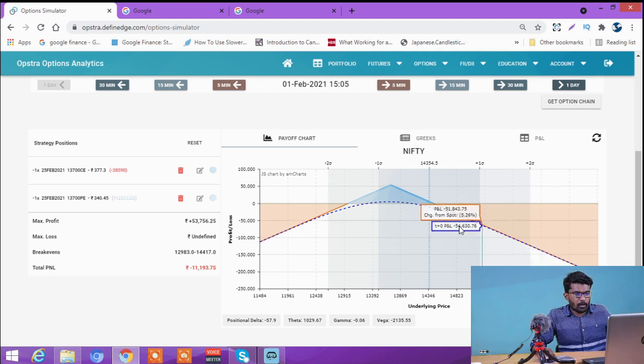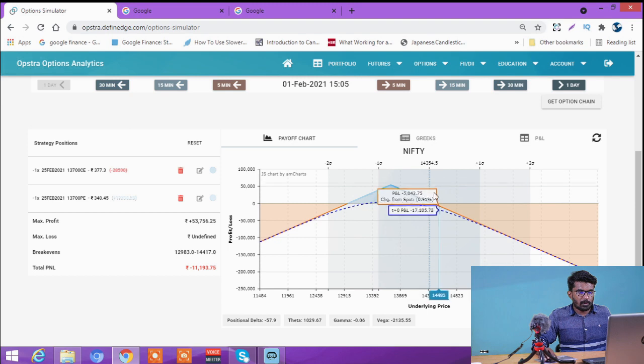In our case, on 1st of February around 3 o'clock, the market was super bullish and it already breached our break even point. From 13,700 it has come to 14,350.